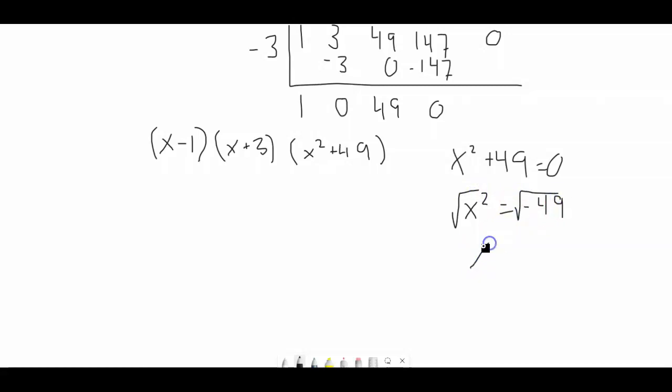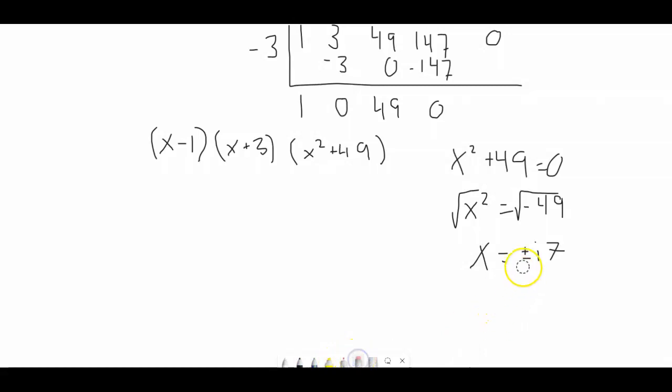And I'm going to get x is equal to plus or minus square root of 49 is 7. And because we have a negative, we're going to put an i. So i times 7, or 7i. So we have positive 7i and negative 7i.